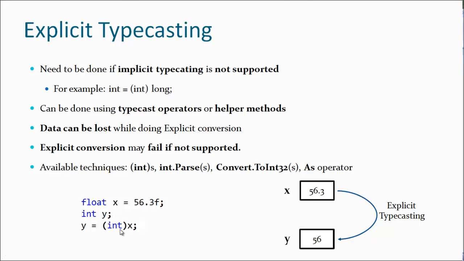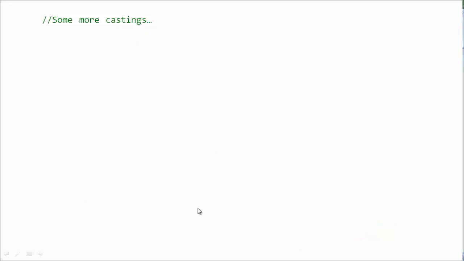One thing you should note over here is that the value after the point will get lost. So data can be lost while doing explicit conversion. Also note that this conversion we have done using the typecast operator. We can also do it using the int.Parse helper method, the Convert class, or using the as operator.